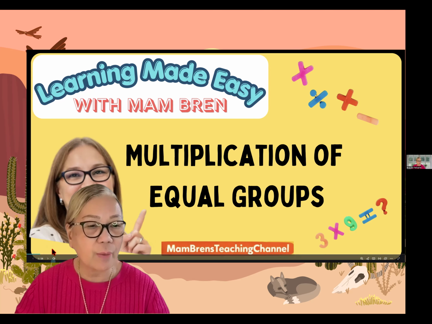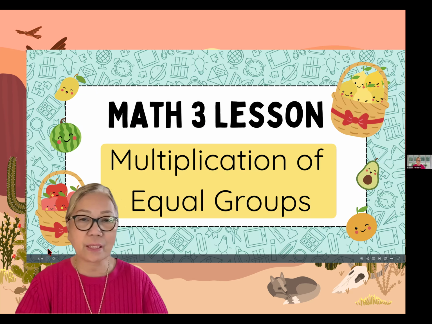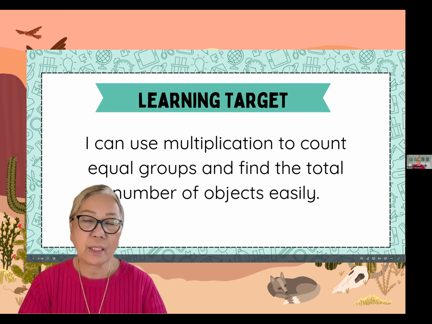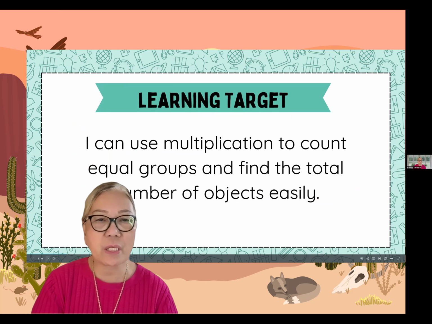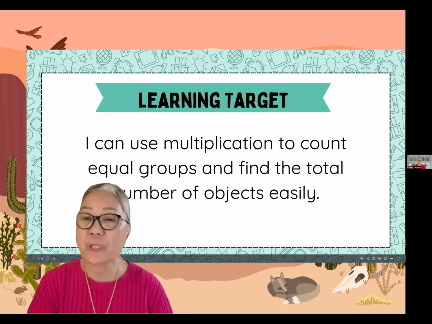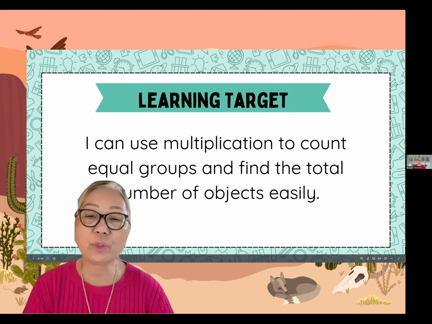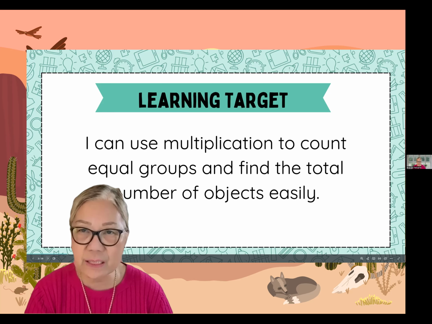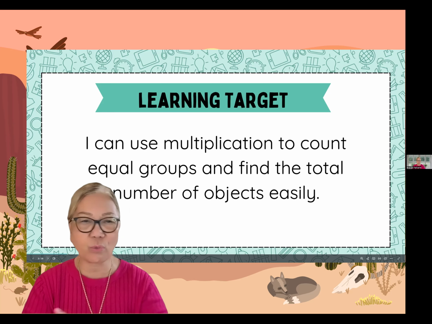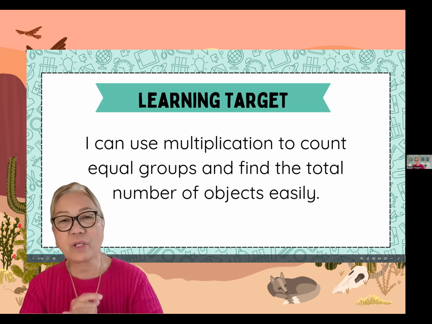All right, so this is a third grade lesson. Our learning target would be I can use multiplication to count equal groups and find a total number of objects easily. You have two targets, but there is only one sentence. It's just very easy.